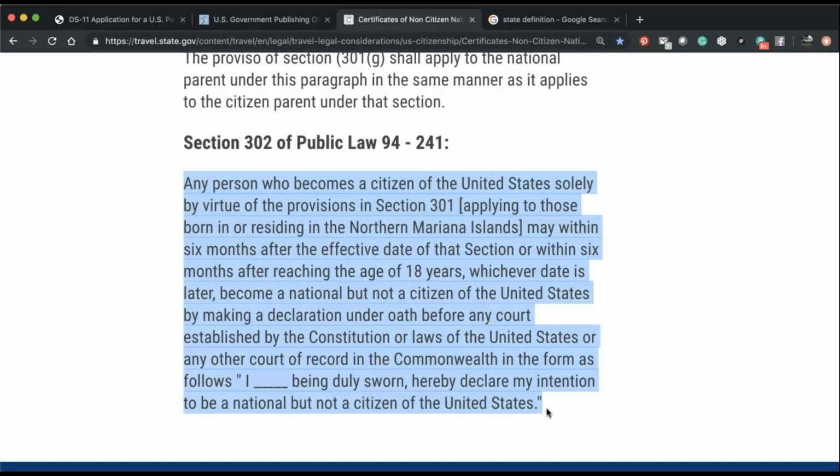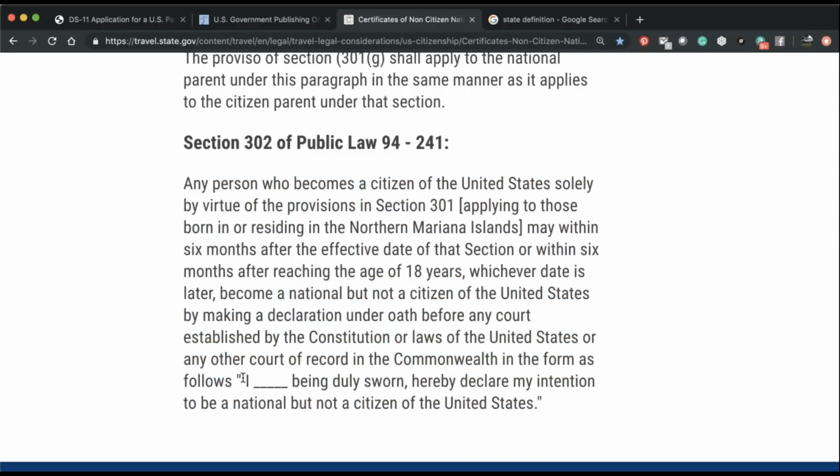So really, what you're trying to do is claim your status of being a national but not a citizen of the United States. Law is very specific. You have to make it clear that you are an American national but not a citizen of the United States.